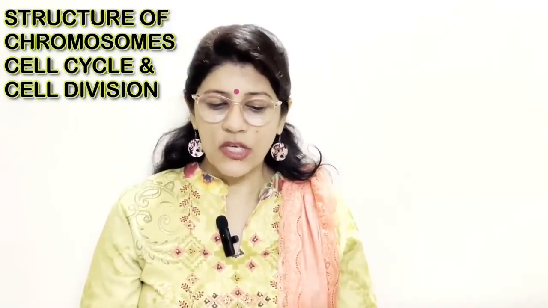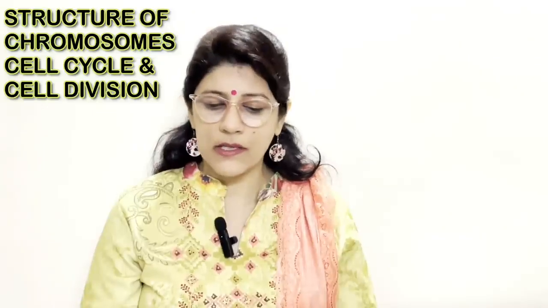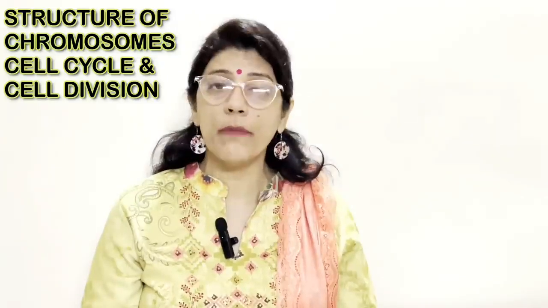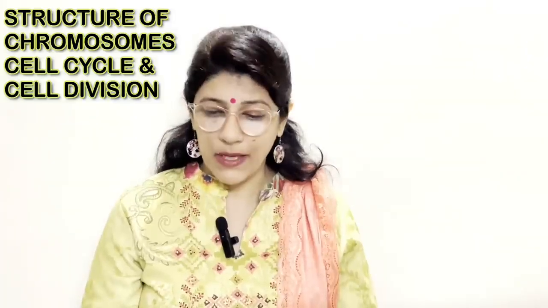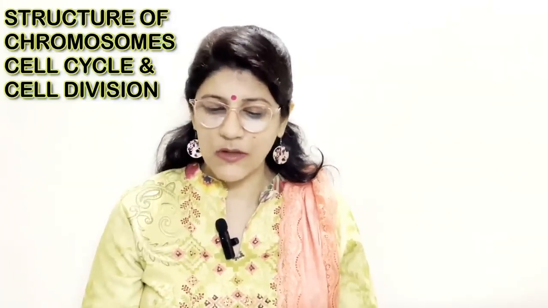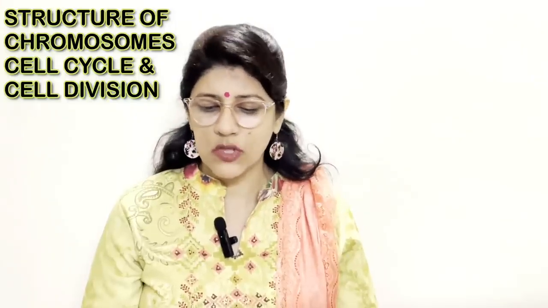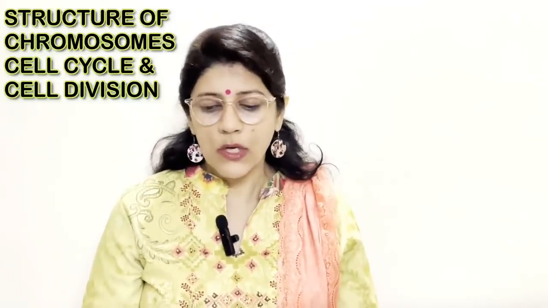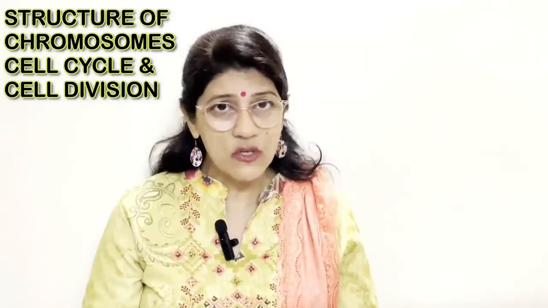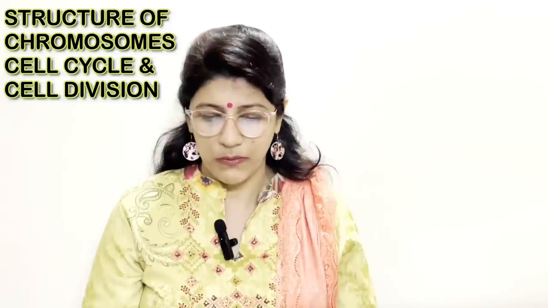Next structure is synaptic bulb, and their location is swollen ends at the distal end of the terminal branches of axon. Their function: contains chemicals called neurotransmitters, जिसको हम acetylcholine कहते हैं. When the nerve impulse reaches the terminal branches, neurotransmitters are released by the synaptic bulb.